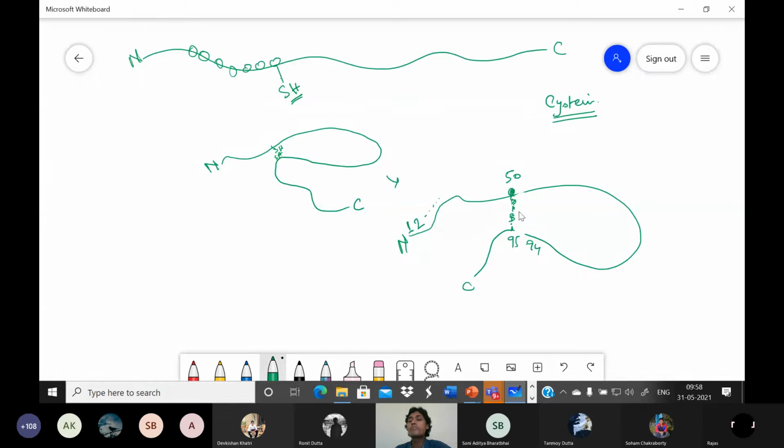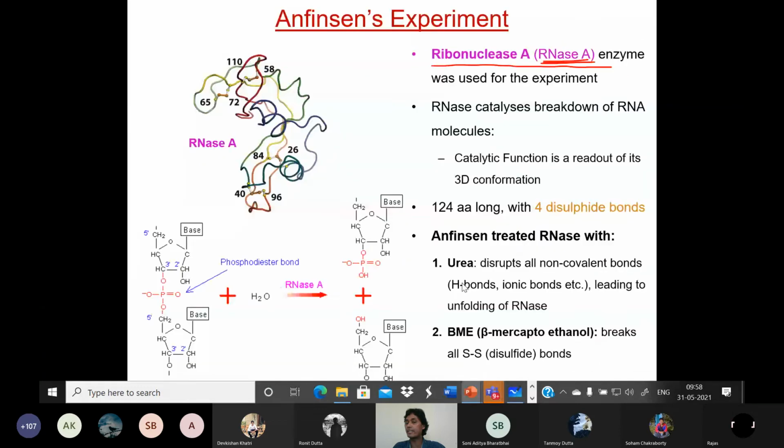So apart from the peptide bond, you get another type of covalent bond in a protein structure, and that helps in protein folding. I'm not saying that every protein has a disulfide bond, but many proteins have cysteine residues, and those can form disulfide linkages. Here you can see cysteine, and finally you get a disulfide bond.